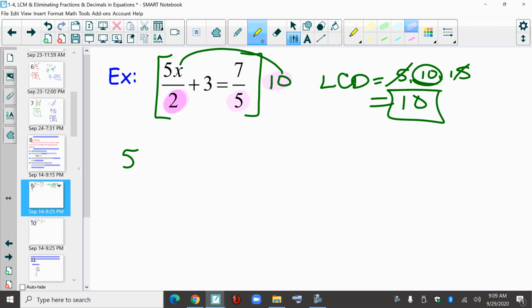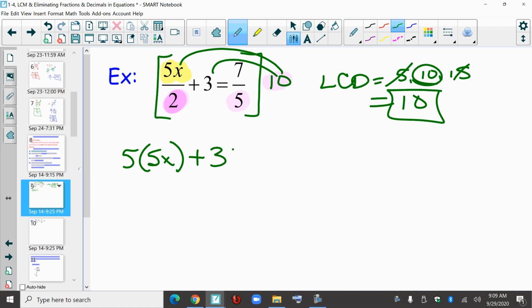Then we are going to drop down this numerator. Plus, okay, the next term is just a whole number. So you would just use the distributive property and multiply those together to give you 30. The next term, 10 divided by 5, is going to be 2. And just like before, we're going to drop down the 7 by multiplication.